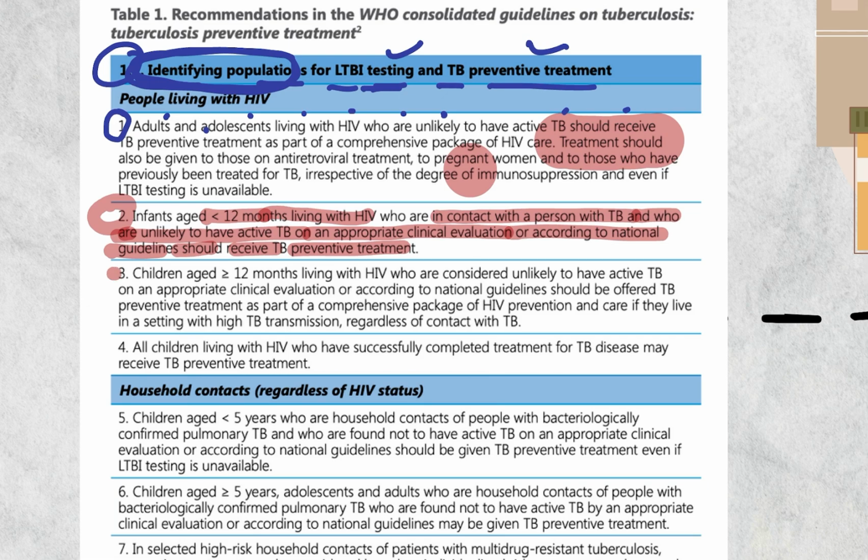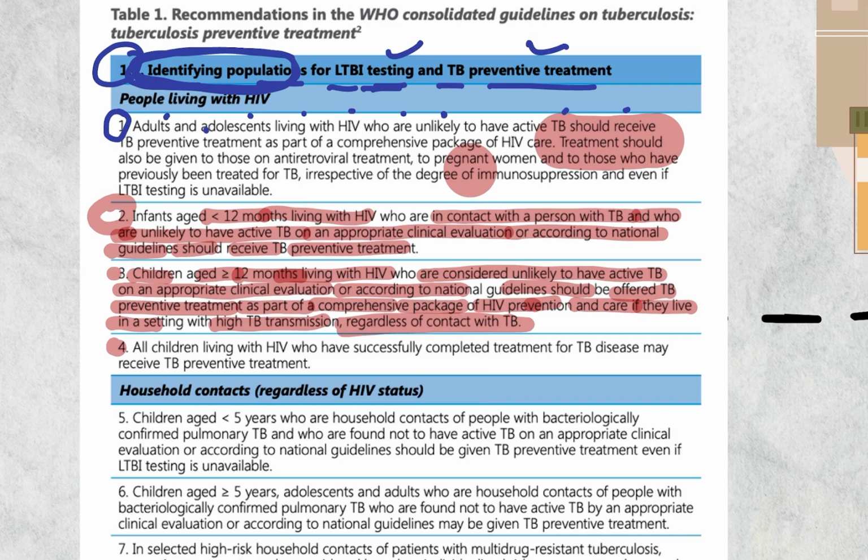Number 3: children aged above 12 months living with HIV who are considered unlikely to have active TB on an appropriate clinical evaluation or according to national guidelines should be offered TB preventive treatment as part of a comprehensive package of HIV prevention and care if they live in a setting with high TB transmission, regardless of contact with TB.